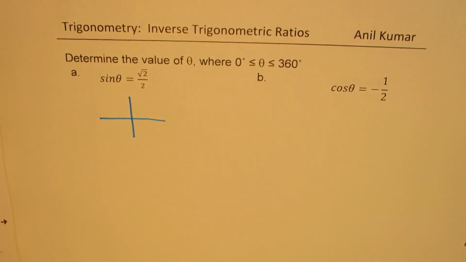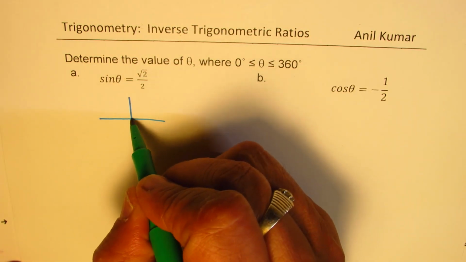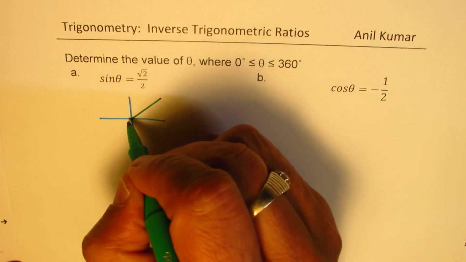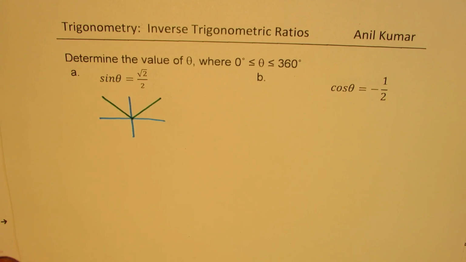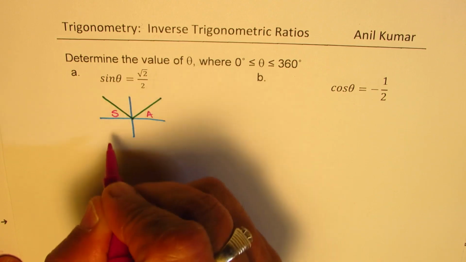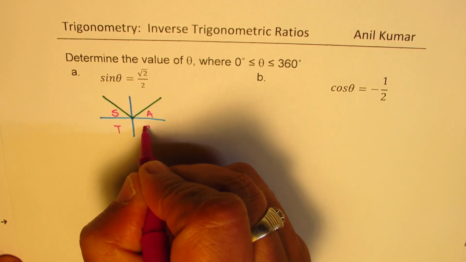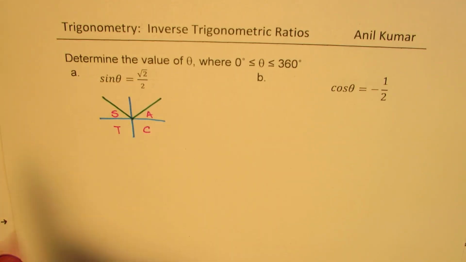Positive for us means that sine theta will have a solution when the angle is in quadrant 1 or in quadrant 2, right? Since we know the rule, that is, all are positive here, but sine is positive in quadrant 2, tan in 3, and cosine in 4. So positive means we have solutions in these two.